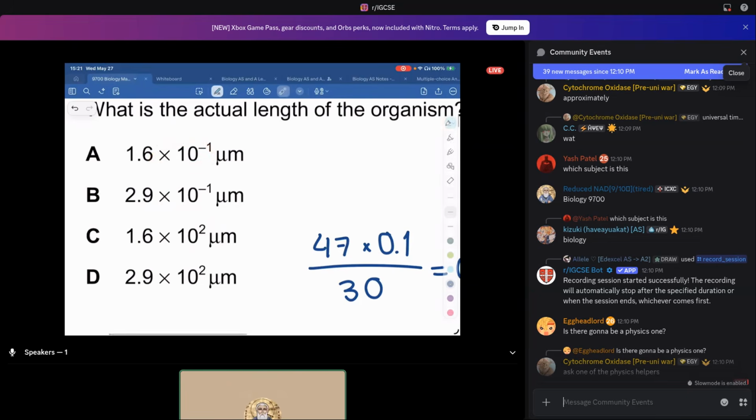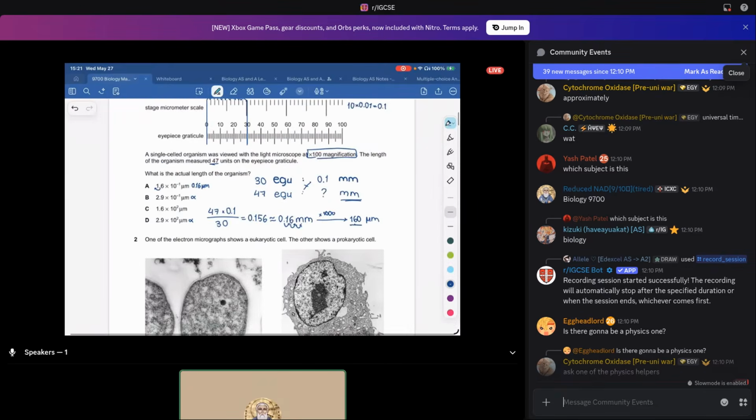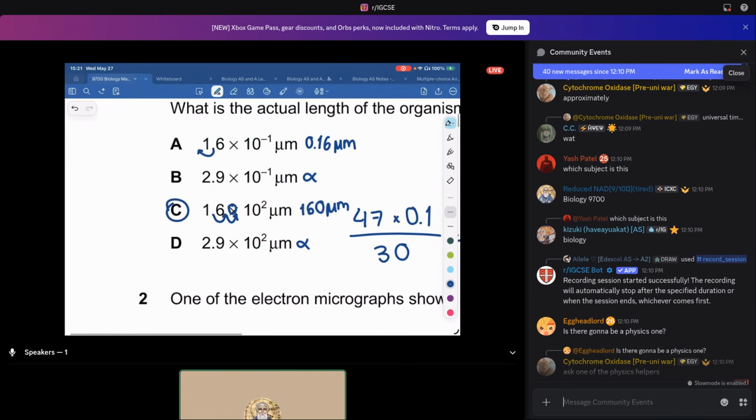Then we work by converting the standard form to normal digits. Times 10 to the negative 1. Obviously, this is 2.9, so it's not even into our consideration. Here, times 10 to the negative 1, that would be 0.16 micrometers. Doesn't work. Here, times 10 to the 2, that would be 160 micrometers.